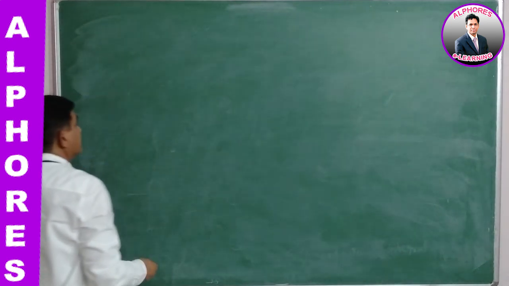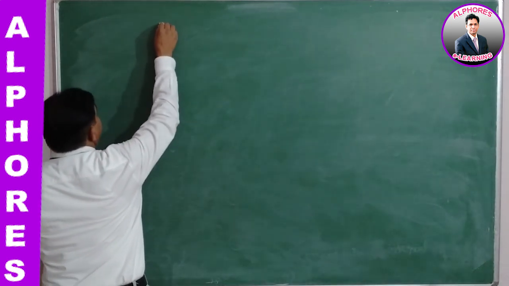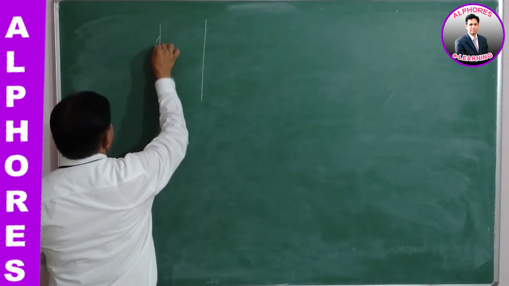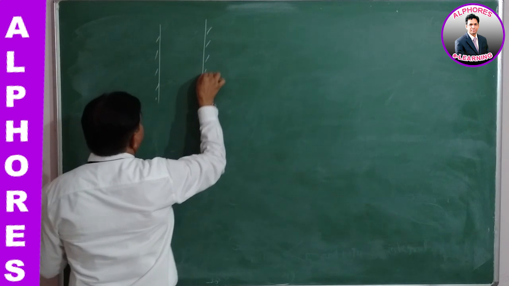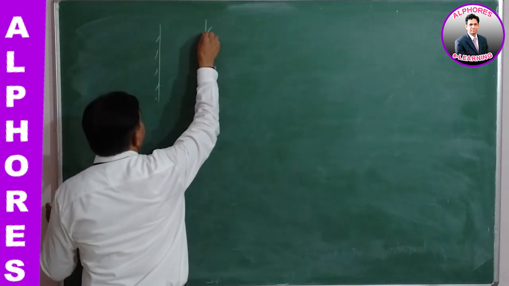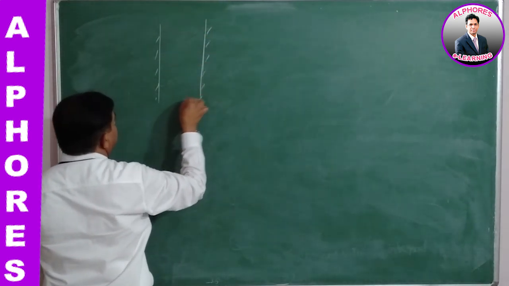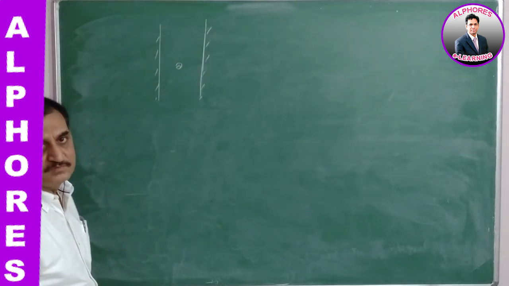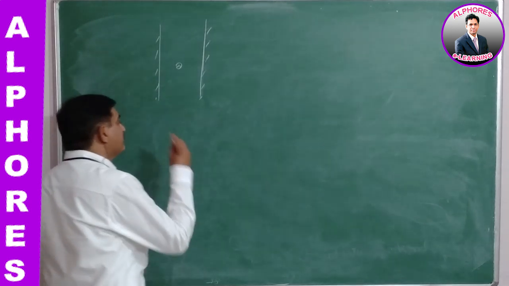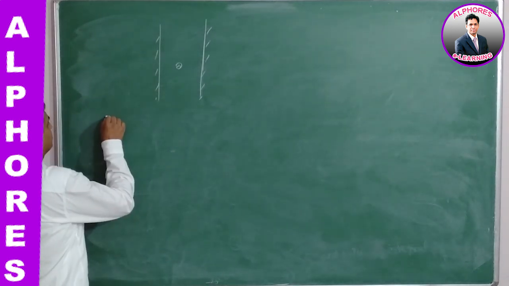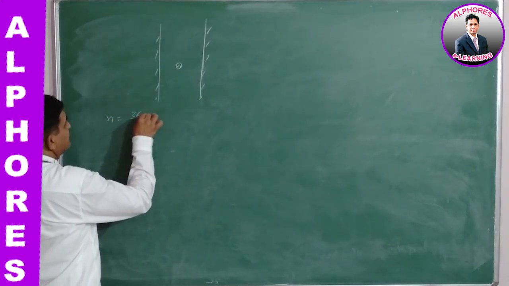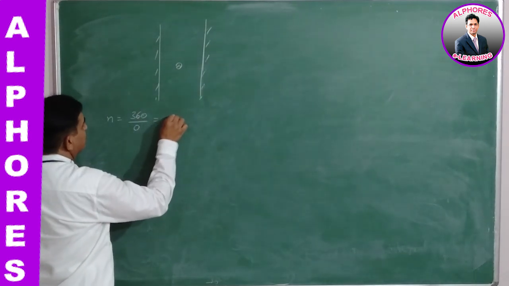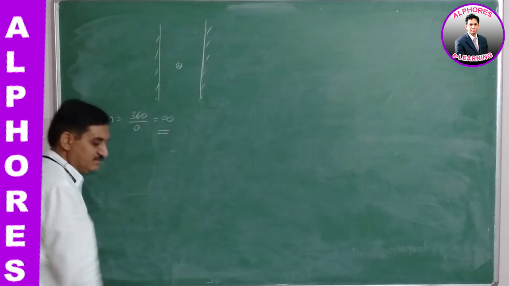Let us go for another problem. Suppose there are two plane mirrors which are kept parallel to each other. If an object is kept in between these two plane mirrors, the number of images formed will be n equals 360 by theta; theta is 0, then you will get infinity.